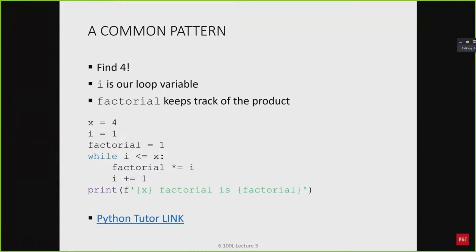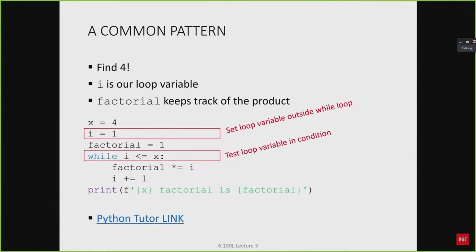But the more you work with loops, you'll get used to seeing, right, what is the loop variable. So i is actually going to be my loop variable. Here it's being set to some value initially outside the loop. Inside the conditional, I'm doing some sort of condition check with it.